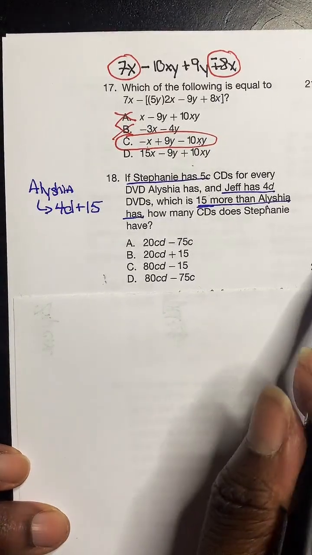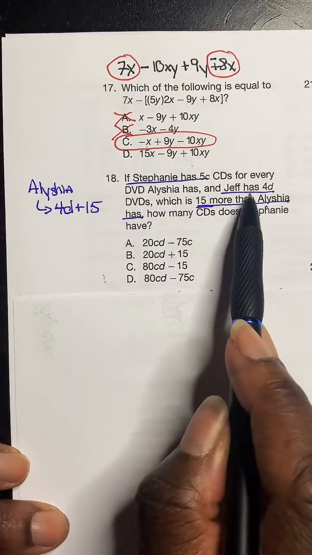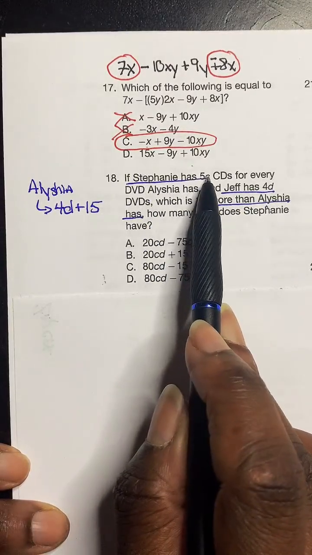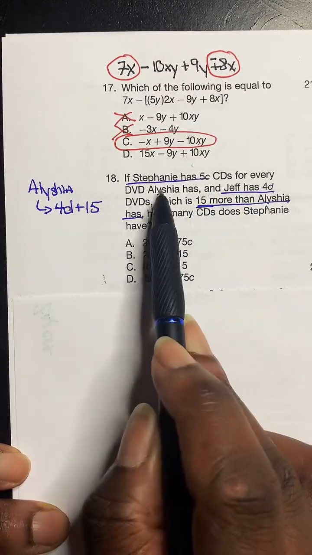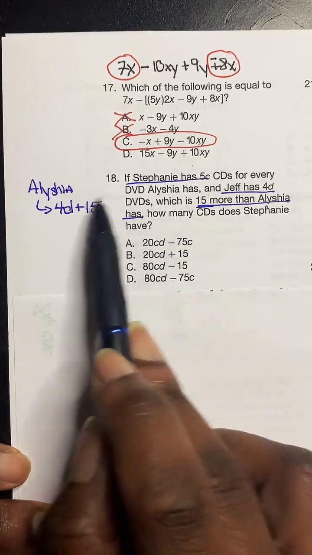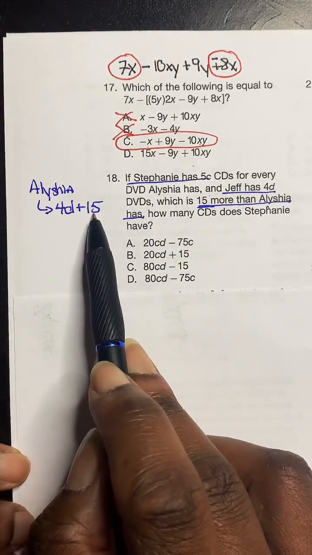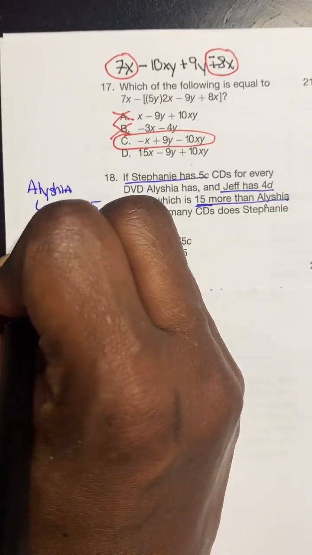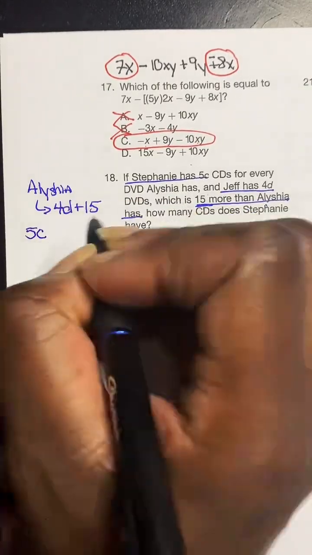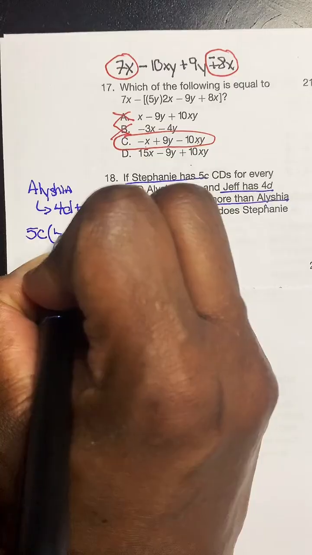So with that, we're trying to say that Stephanie has 5C for every DVD that Alicia has. Well, if this is what Alicia has, we need to multiply this by what Stephanie has.